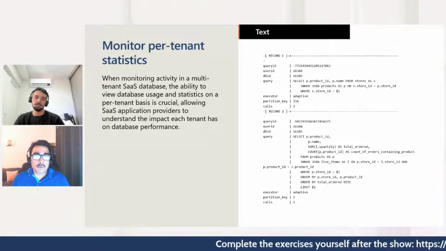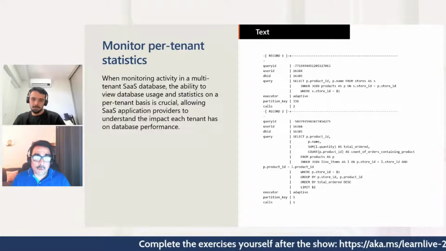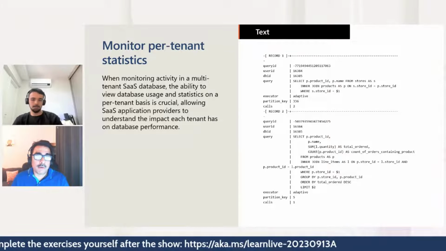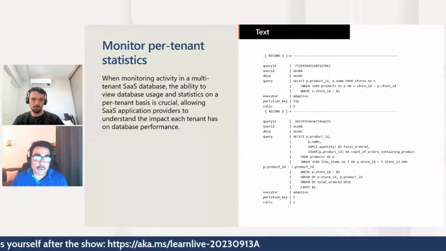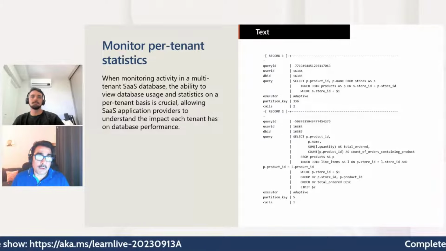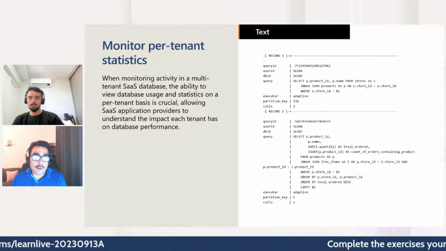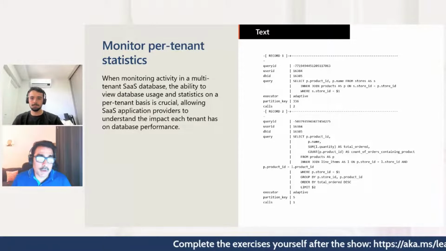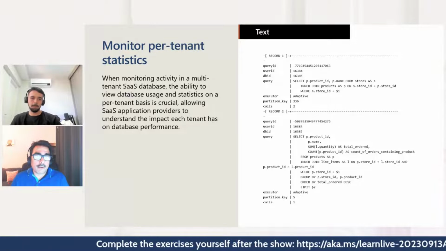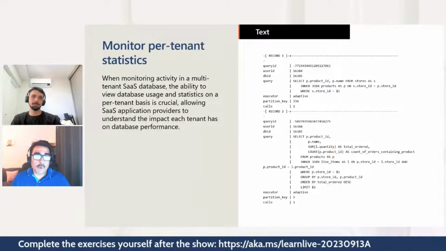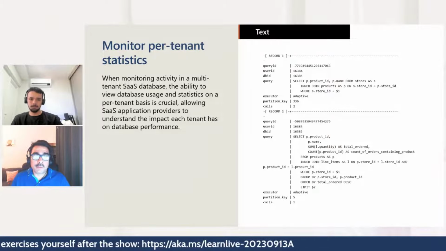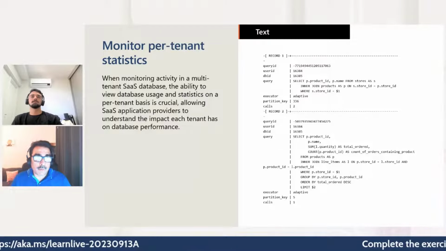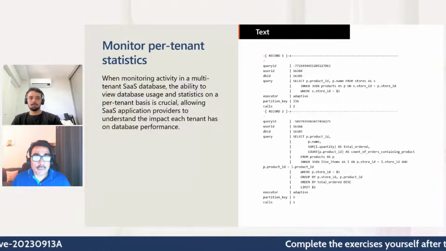We also look into the data volume: are there any skewness across the nodes? Is it like one node has a lot of data, while the other node is relatively idle and has less data? And also how many distinct queries are being submitted on the database.